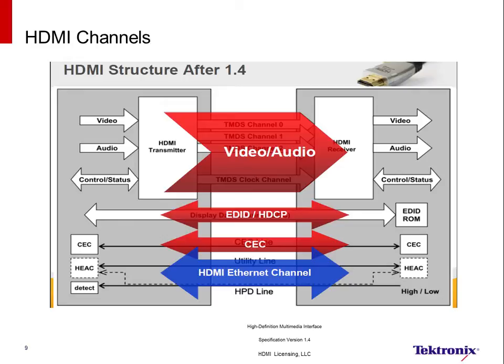There is a CEC, or Consumer Electronics Control channel, for controlling the devices. And then there is a reverse Ethernet, reverse audio channel that can be set up between the receiver and the transmitter.